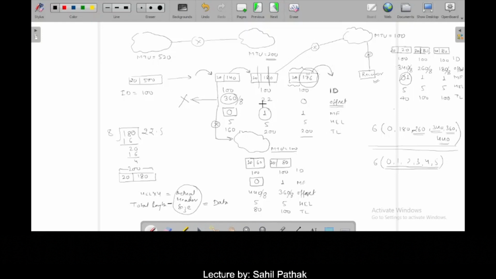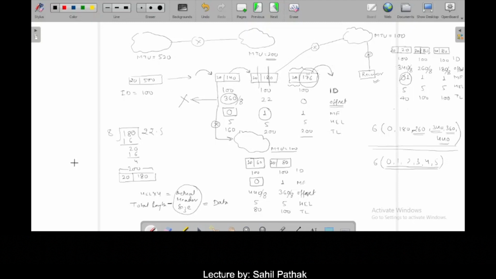Similarly, here also, the data bytes ahead of this are 176 plus 180.